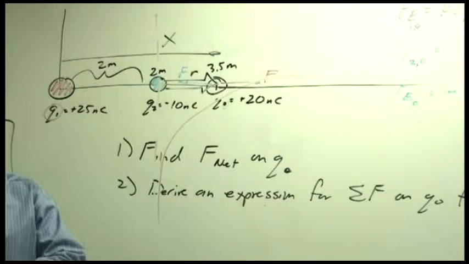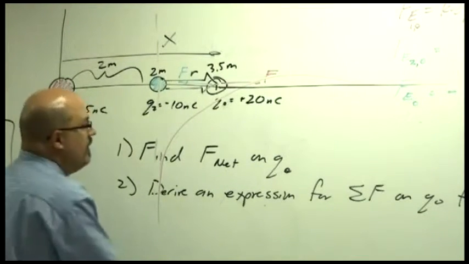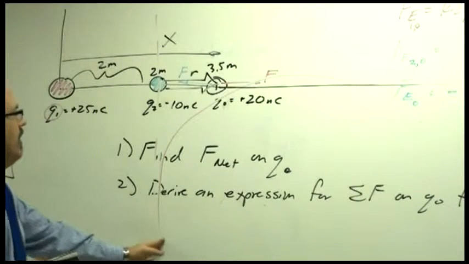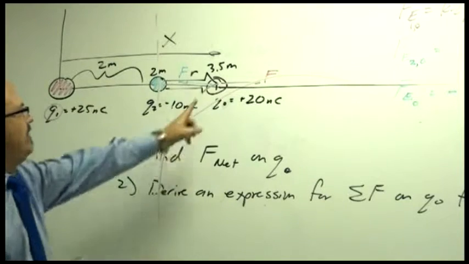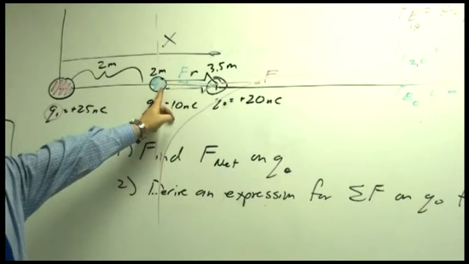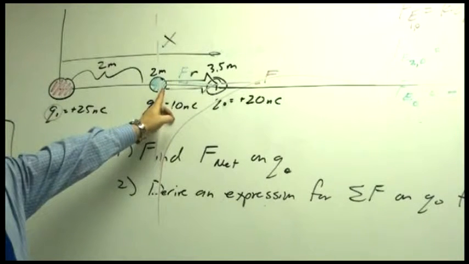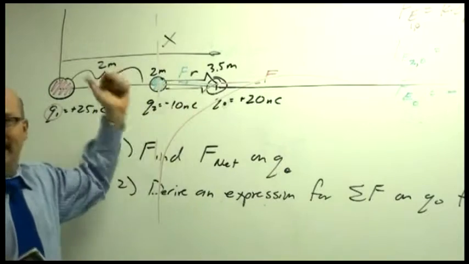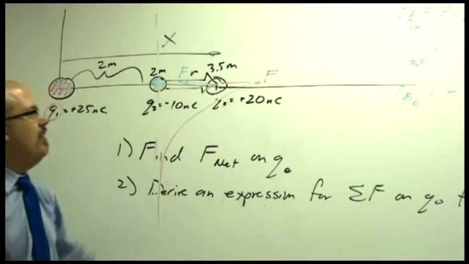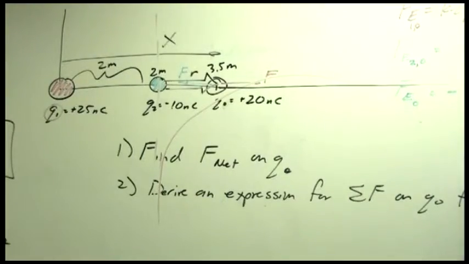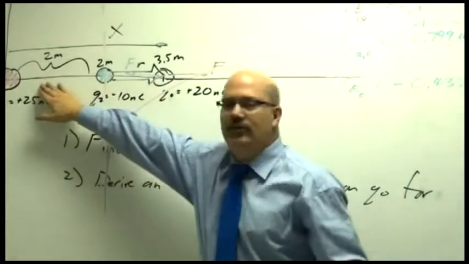Okay, think about this for a second, everybody. The graph starts off down here at negative infinity. That should make sense. If this positive gets really close to this negative, we should get a really, really big, infinitely large force pulling it to the left, right? But think about if you're way far away, a way longer distance than 2 meters.